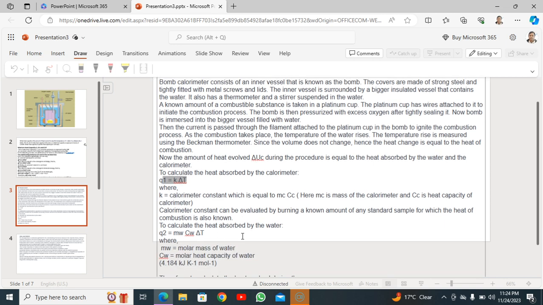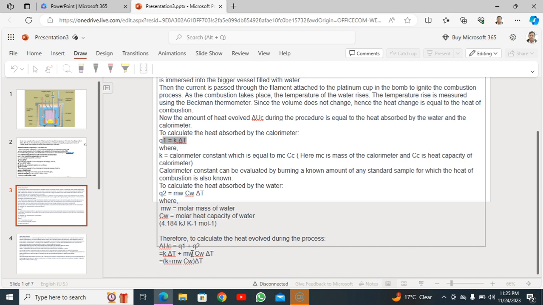To calculate the heat absorbed by water, Q2 is equal to Mw Cw delta T, where Mw is the mass of water, which is known, and Cw is the molar heat capacity of water, which is also known, 4.184 kilojoule per Kelvin per mole. Therefore, the heat evolved is Q1, heat absorbed by the calorimeter, plus Q2, heat absorbed by water.